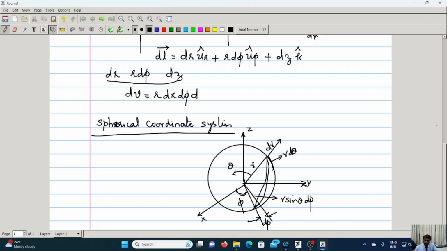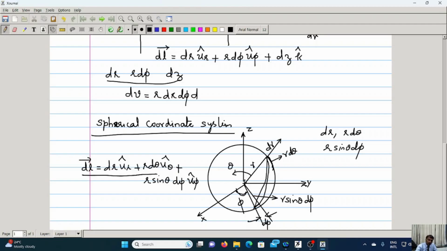So the sides of this small volume element are dr, r into d theta, and r into sine theta into d phi. Therefore the incremental length vector dl is dr into u r cap plus r into d theta into u theta cap plus r into sine theta into d phi into u phi cap.